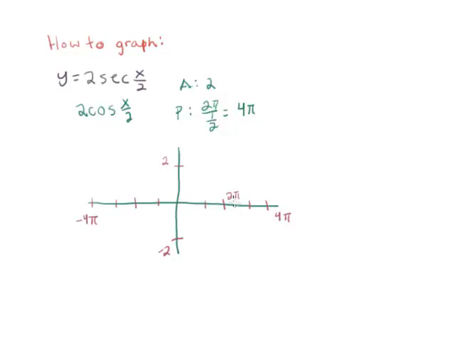Halfway in between is 2 pi and negative 2 pi. We draw our cosine curve. This is a positive cosine curve, so it starts at the top, then goes to the middle, the bottom, middle, top, the other direction, middle, bottom, middle, top. We draw our dashed or light cosine curve.